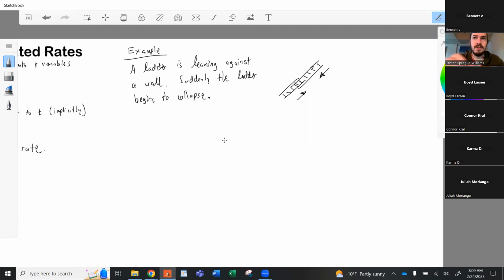Then what we can say is, as this happens, I should specify here what's happening here. What's moving? The base of the ladder remains in place, but the top slides down the wall.